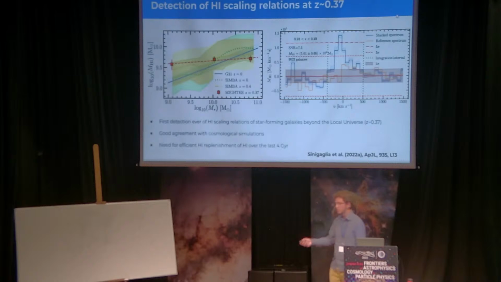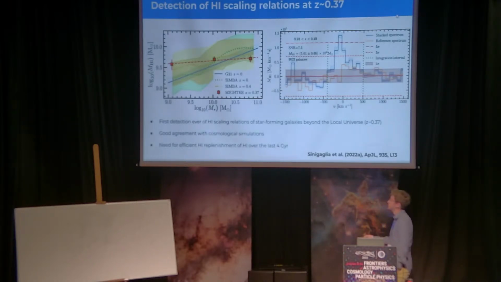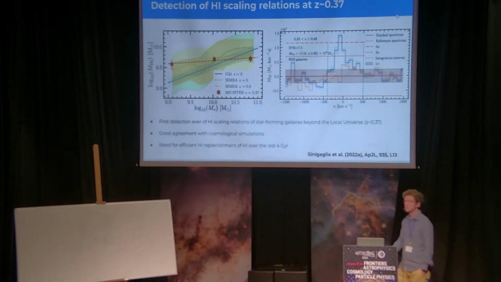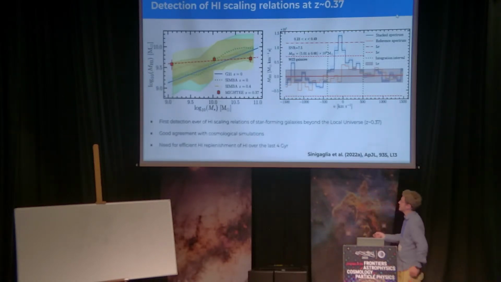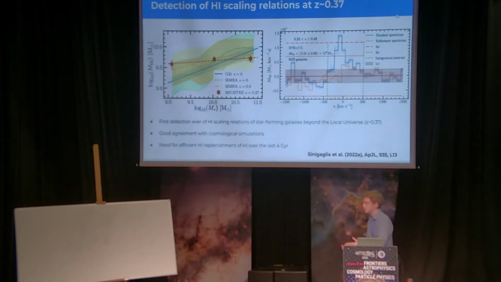Simba is available also in a smaller volume with 50 megaparsec cube boxes with all the different feedback models. So it's something I'm doing directly right now, trying to see what is the difference. But I must say it's already a relief to see that all those simulations which have been used to do all this kind of modeling of H1 intensity mapping, etc., kind of agree with data. There was no such data before, so a posteriori we discovered they agree. So it's good news.